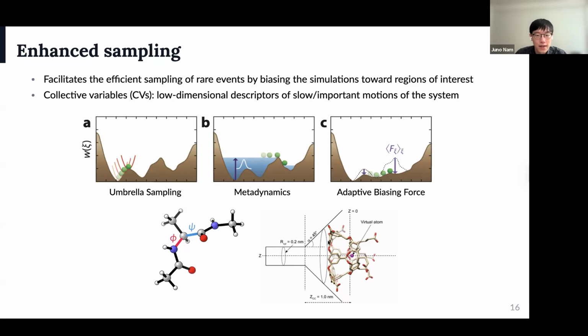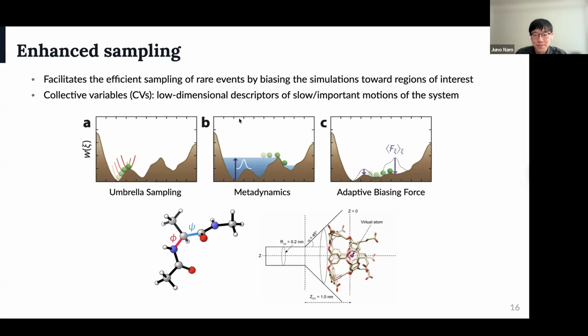And as soon as we get those collective variables, we can enhance the sampling by different approaches. The well-known and oldest algorithm is umbrella sampling, where we apply an umbrella potential along this collective variable space to confine the sampling. And then finally, we reconstruct the entire landscape by some form of MBAR-like reweighting scheme.